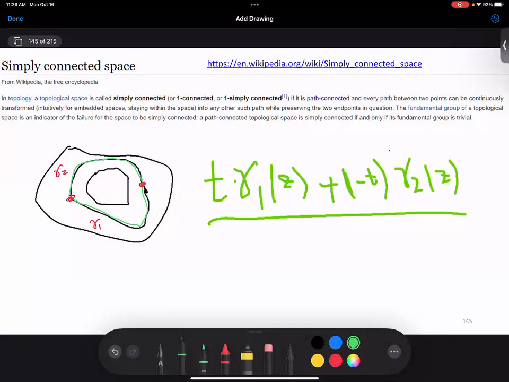And over here, if you look at what's going on, when t equals 1, I have the curve gamma 1 of t. And when t equals 0, I have the curve gamma 2 of t. So this is a way to pass from one curve to another. And if you can pass from one curve to another in the space, then you can often show that the integral over one is the same as the integral over another.